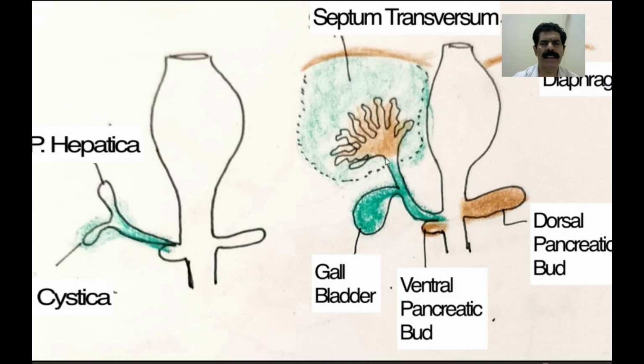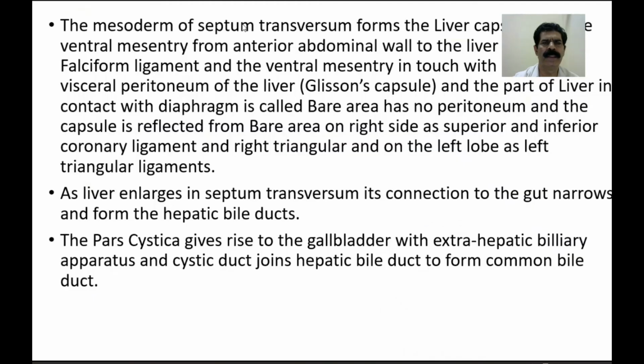The pars hepatica grows into the mesoderm of the septum transversum, and it divides very rapidly and forms the hepatic cords like this, and these cords are branched and give rise to the hepatocytes. And the pars cystica, which is smaller, will ultimately give rise to the gallbladder. And this is the starting of the liver bud from here.